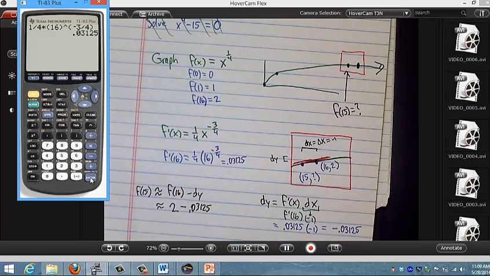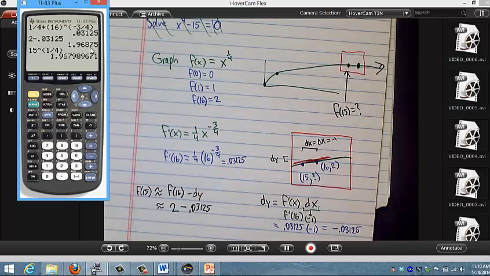Let's see what I get. 2 minus 0.03125, I get 1.96875. What did I get for the fourth root before? I know I had it. It was really close to that, wasn't it? 1.968. Yeah.